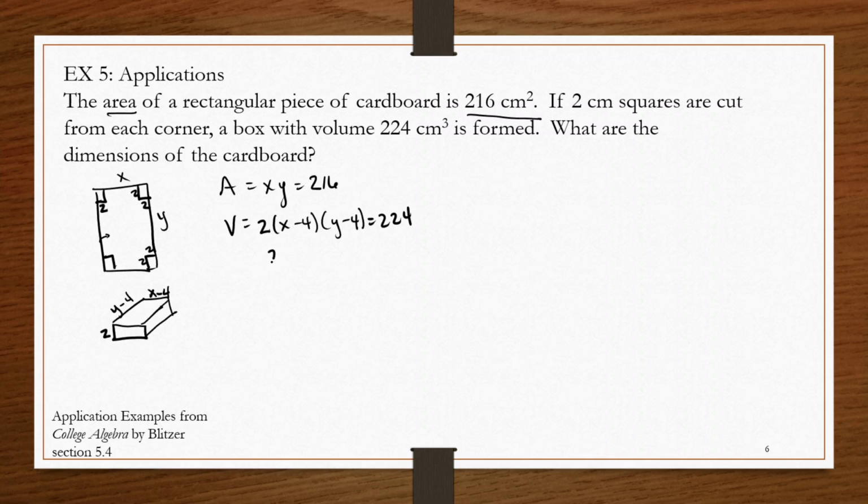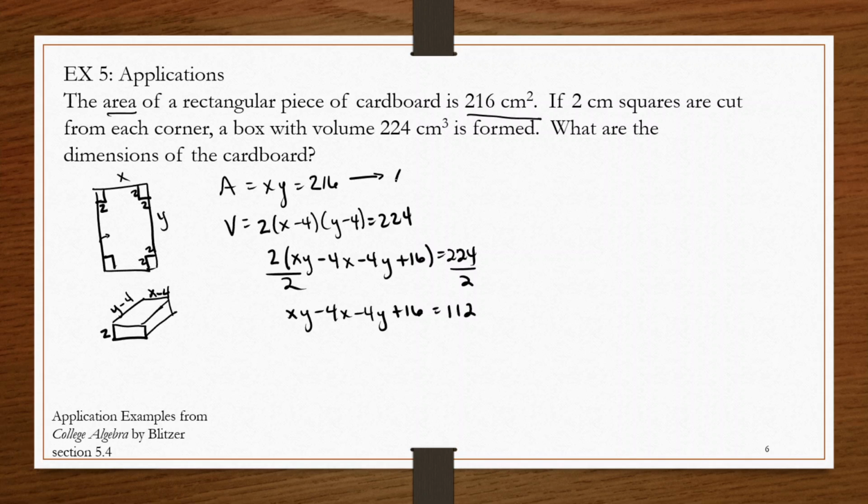Okay, now if we FOIL that out, we'll get 2 times xy minus 4x minus 4y plus 16. We can also divide by 2, and we get our equation equal to 112.